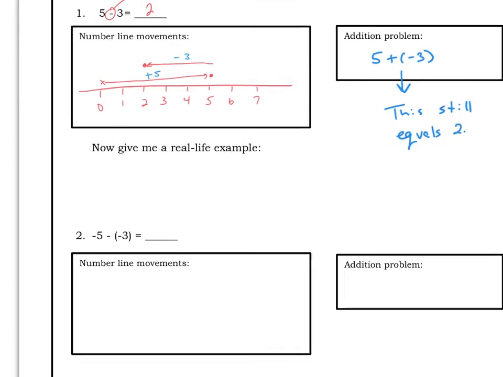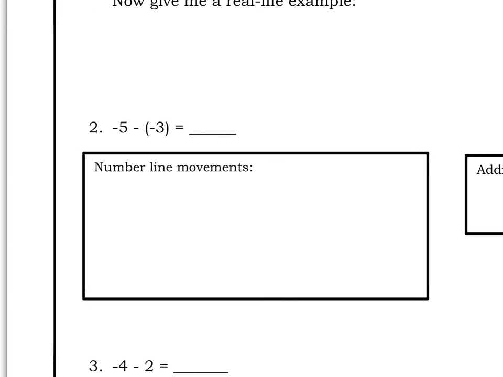Let's take a look at number 2. For number 2, I know my first movement is going to be in a negative 5 direction. So I'm going to start at 0, 1, 2, 3, 4, 5, and we'll just put some numbers over here as well.